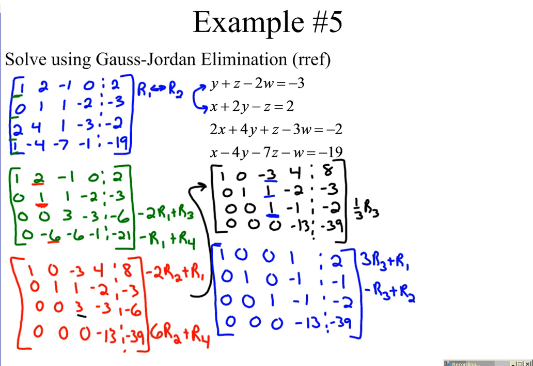We're on our last column finally. I'm going to come up here. Need a 1 in row 4, column 4. Multiply by the reciprocal. So our top 3 rows are not going to change. 1, 0, 0, 1, and 2.